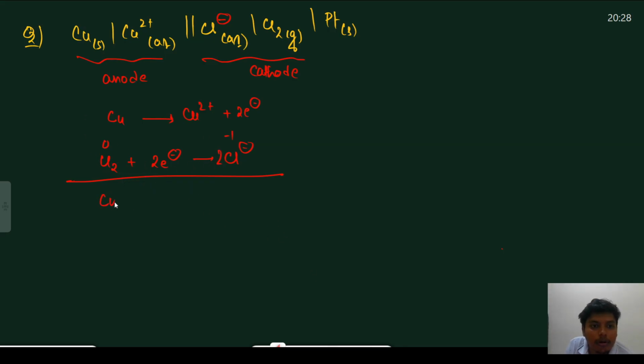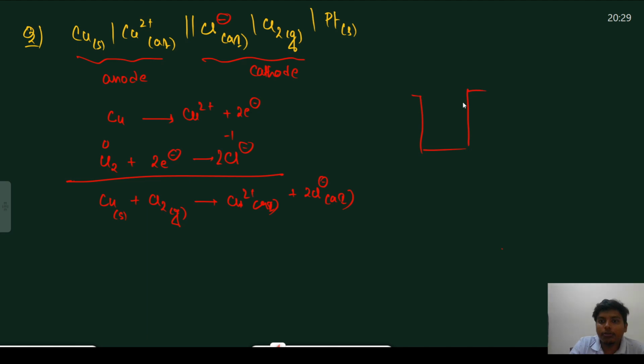So what will be the overall equation? Copper solid plus Cl2 gas gives Cu2+ aqueous plus 2 Cl minus aqueous. How does the cell look? This is one cell. Here you add copper 2+, and here Cl minus.